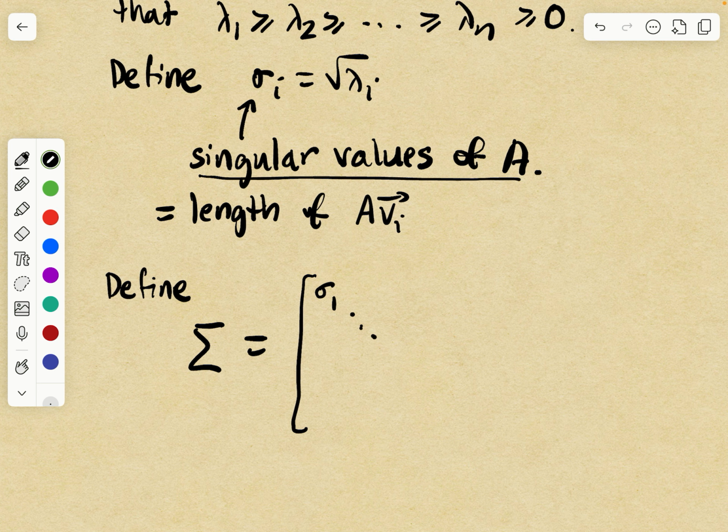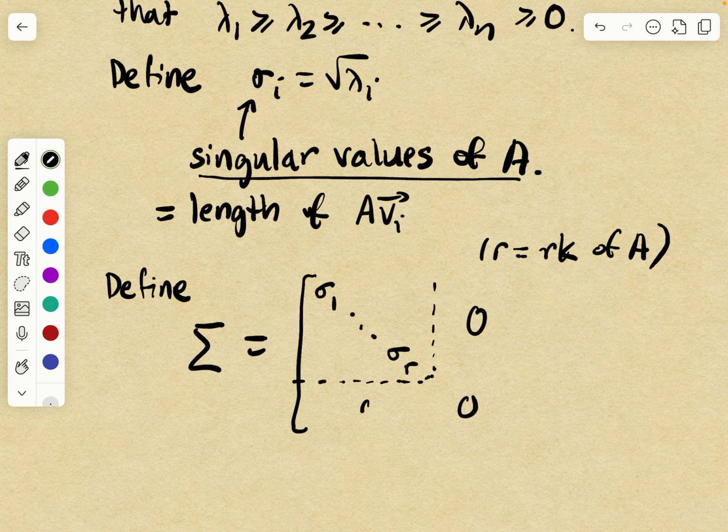You take this diagonal matrix where you take the singular values from sigma 1 to sigma r, where r is the rank of A. So you get this r by r matrix like this, and then you fill in the rest with zeros.